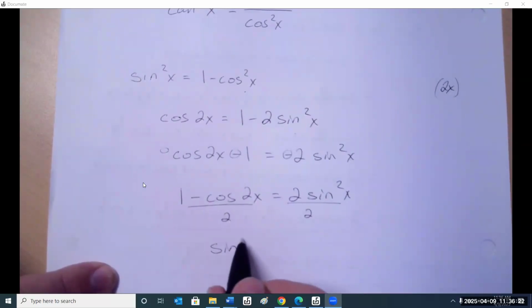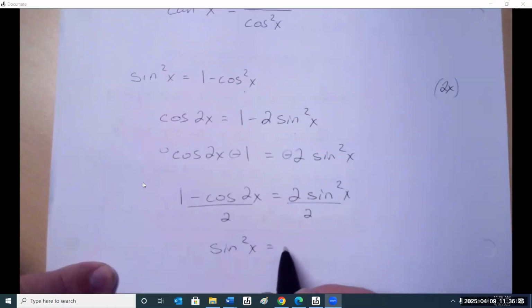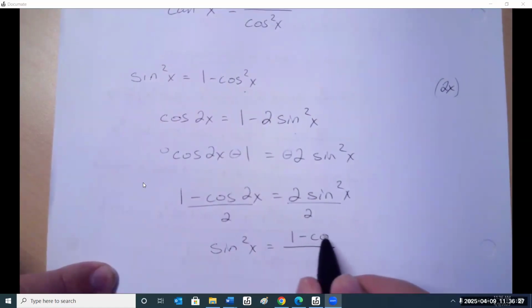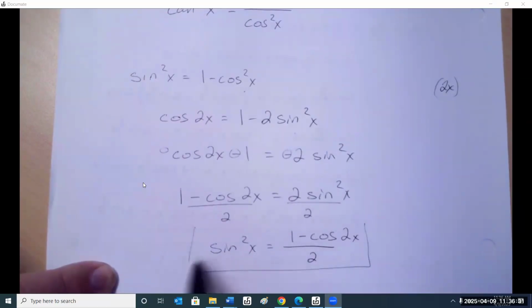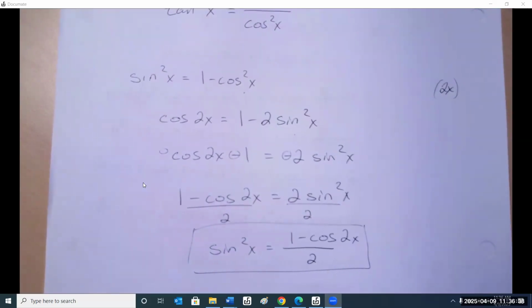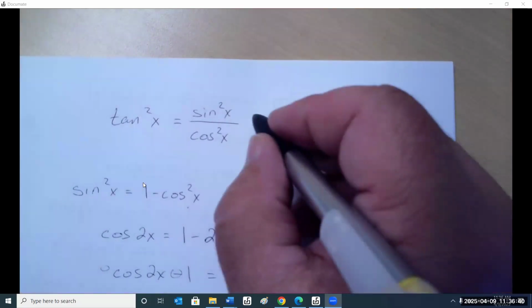So sine squared x is equal to 1 minus cosine 2x over 2. That's our numerator.